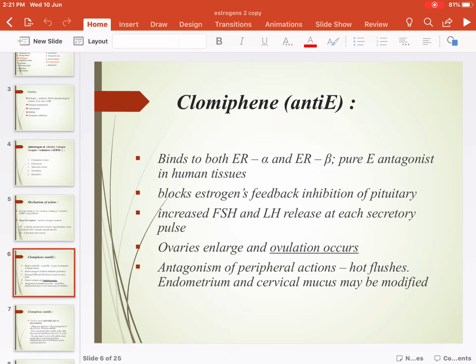When more of FSH and LH are released, these act on the ovaries, these act even in the testes to produce more ova, or they can also be used to produce more sperms.